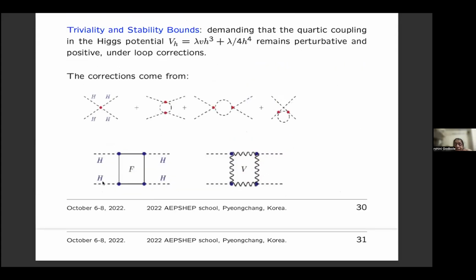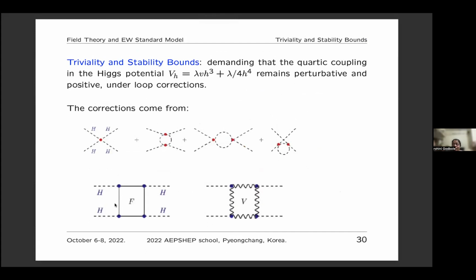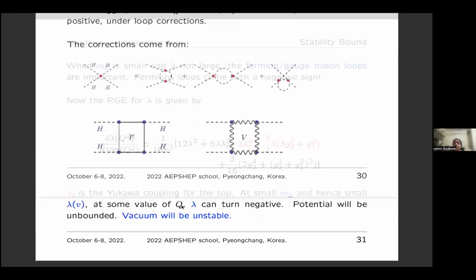What is interesting is that, by the basic rule of field theory, a fermion loop comes with a negative sign, and a scalar or boson loop comes with a plus sign. So these two contributions to the lambda corrections are actually competing against each other.